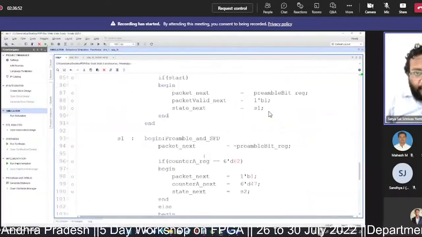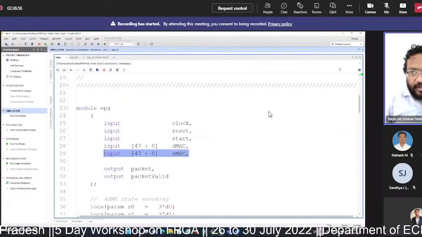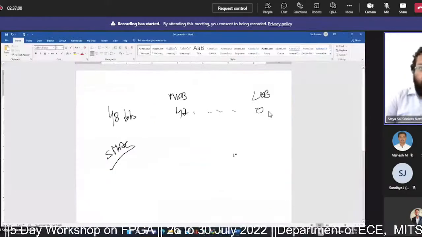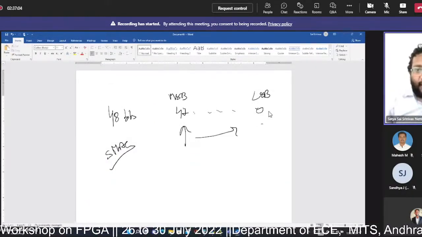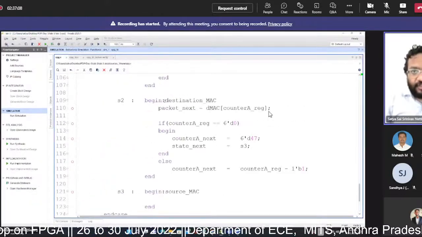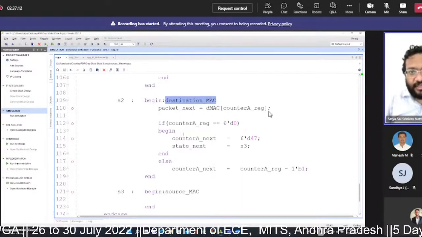My input module itself has an input called SMAC. So I have to read that data from the MSB side to the LSB side. So again, I'm reusing counter A, which I used to fetch the bits of the destination MAC address.